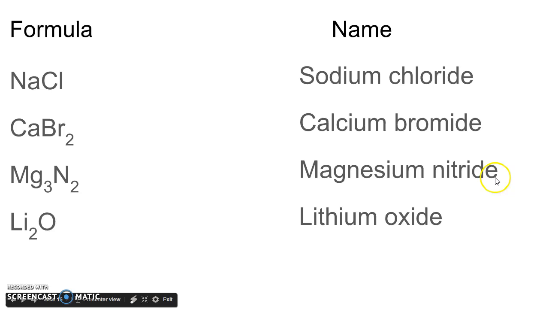Mg3N2 is magnesium nitride. Li2O is lithium oxide. Instead of lithium and oxygen, I'm just combining lithium with oxide to get the name. These are pretty easy to name. And notice this one's in column 1, this one's in column 2, this one's in column 2, and this one's in column 1. So these follow nice, neat, simple rules because they're in column 1, 2, and 3.